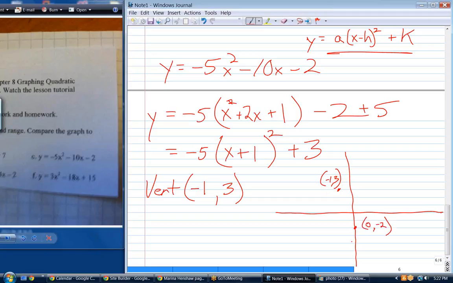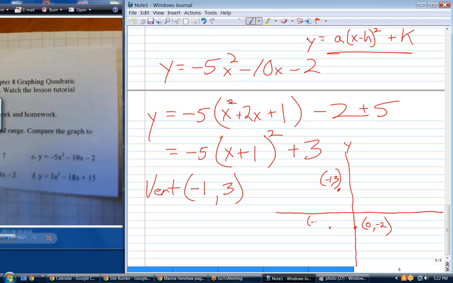And what's my third point on the curve? Is that point right there? Oh, -2, -2. Look which side of the axis it's on. It's on the left side of the y-axis.